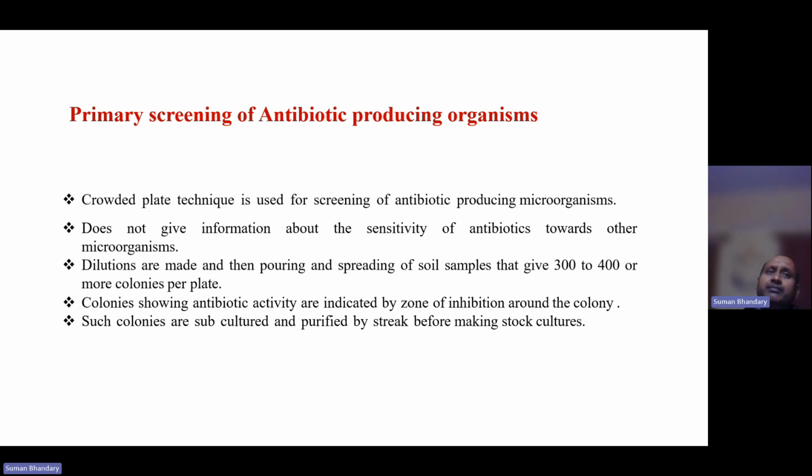The question is that inhibition around the colony may be due to change in pH of the surrounding medium by the colony and rapid utilization of the nutrient in the surrounding area. So that also can create this transparent area. Because of the nutrient deprivation, no bacterial colonies grow there.